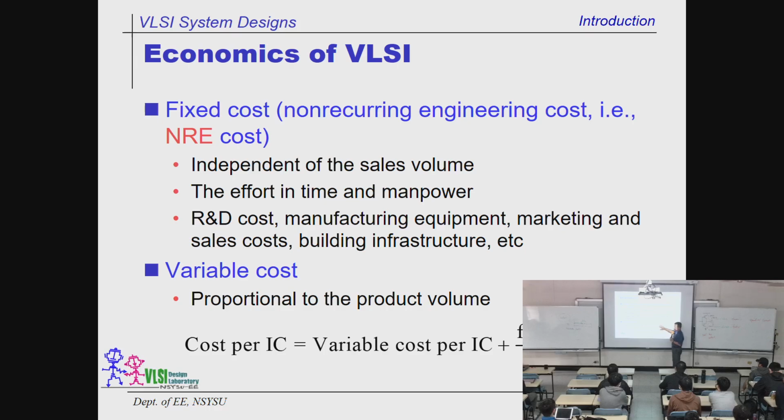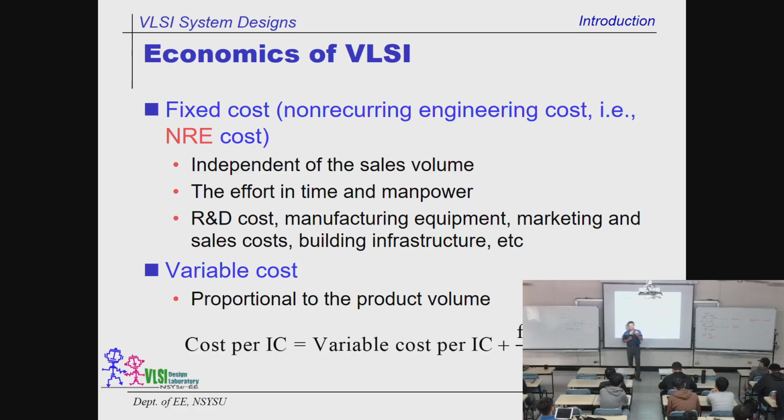Another part of the cost is the variable cost. This part of the cost is highly related to how much stuff you sell, or how much product you make. So the cost per IC is equal to the variable cost per IC plus the fixed cost over the volume.